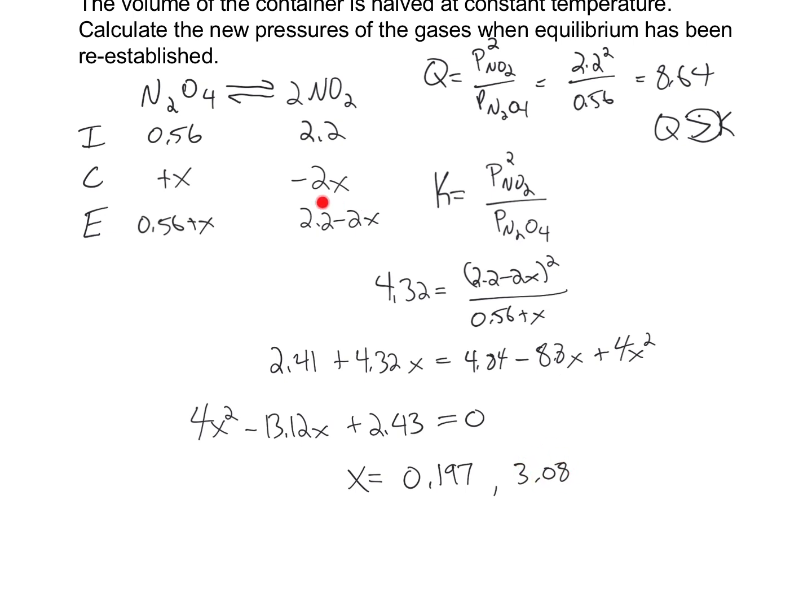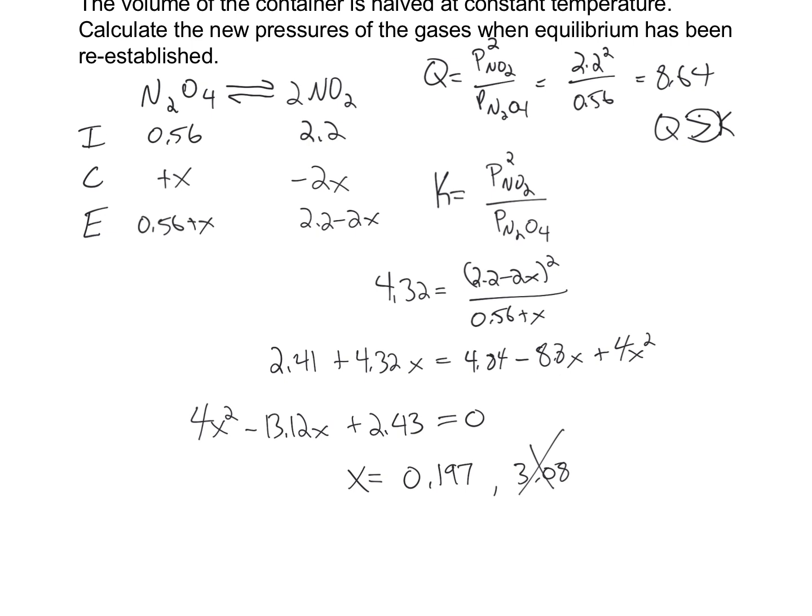Because if I look at the NO2 concentration at equilibrium, 2 times 3 is going to be 6. And so if I try to use this as my x, I'm going to get a negative pressure for the NO2. And we know that doesn't make sense. Can't have negative partial pressures. So that is the root that we're going to throw out.